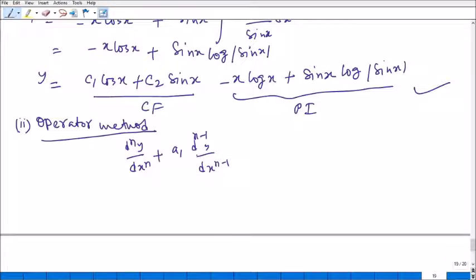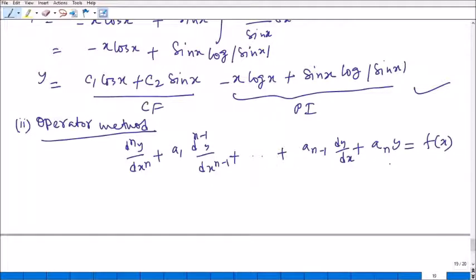This is the (n-1)th derivative of y, plus up to a(n-1) dy by dx plus an y equal to f of x. So this is the general expression of an nth order differential equation with constant coefficients.